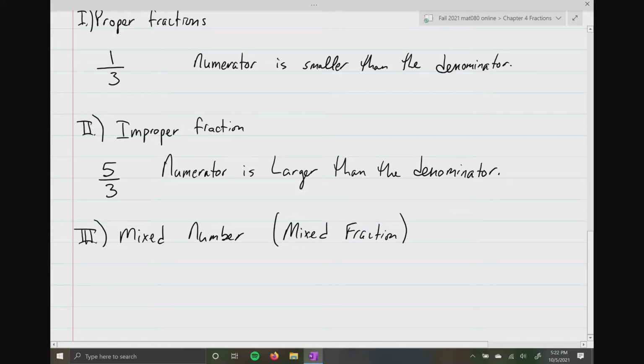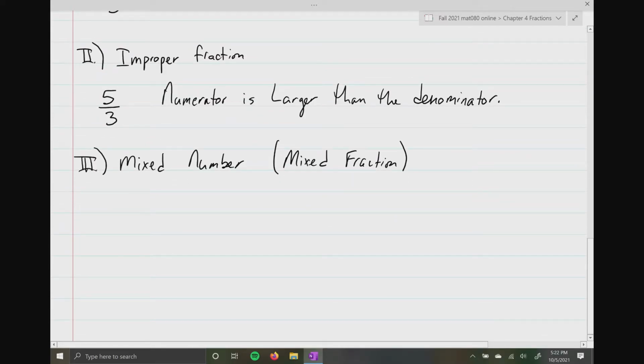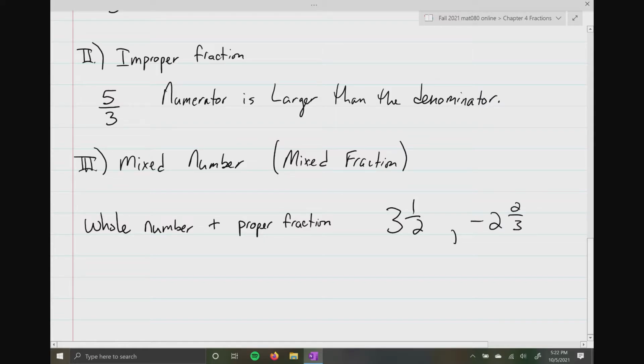In this situation, we're going to have a whole number plus a proper fraction. An example of that would be like 3 1/2, or -2 2/3. Notice you have the whole number, and then you have that proper fraction attached to it.